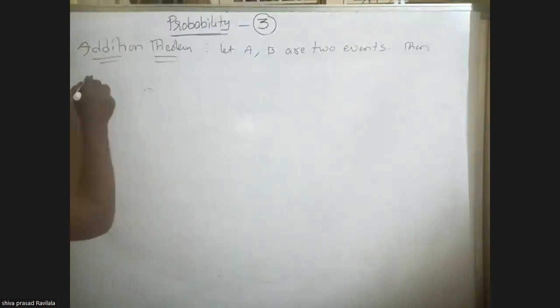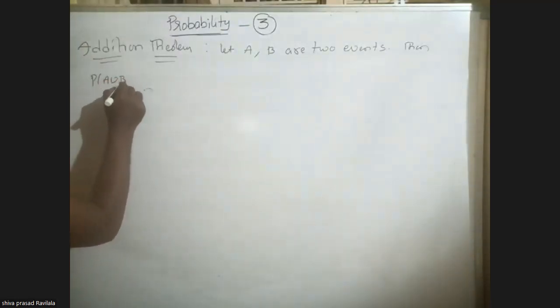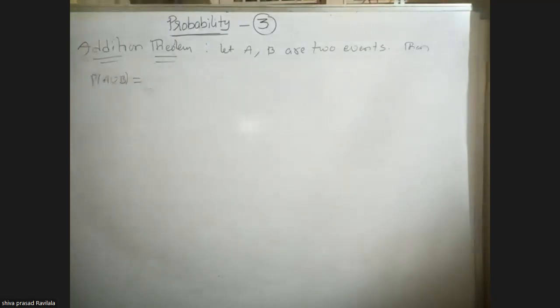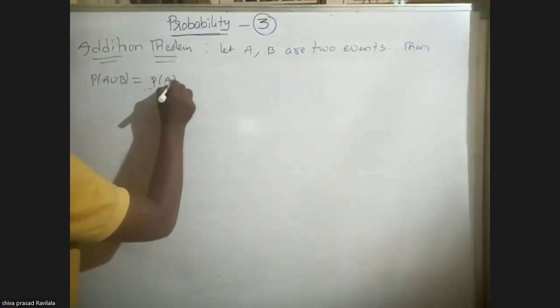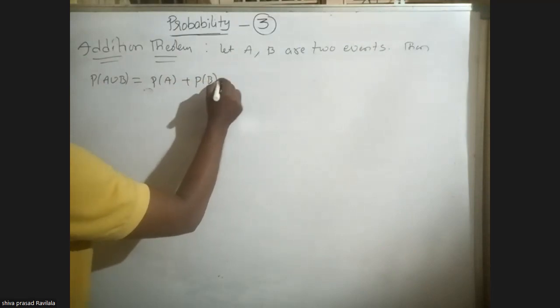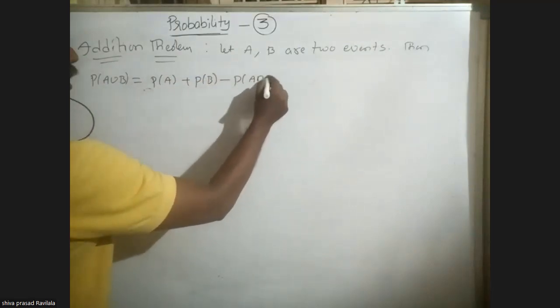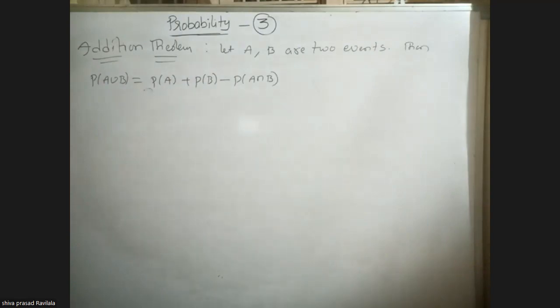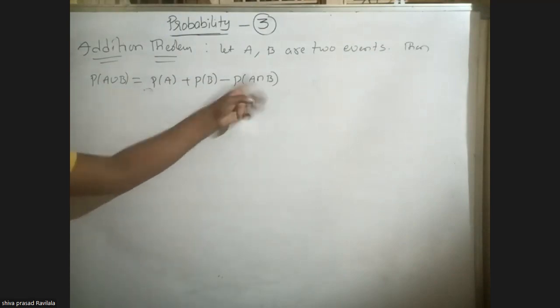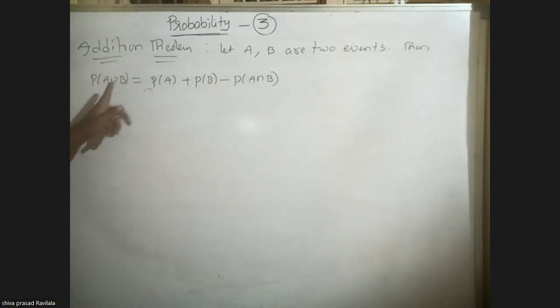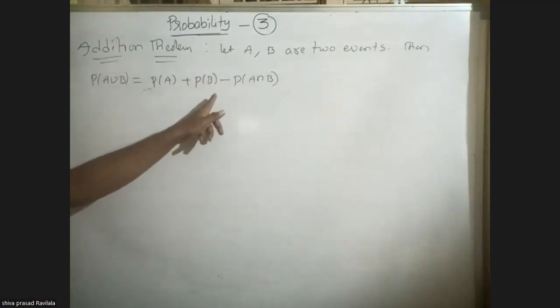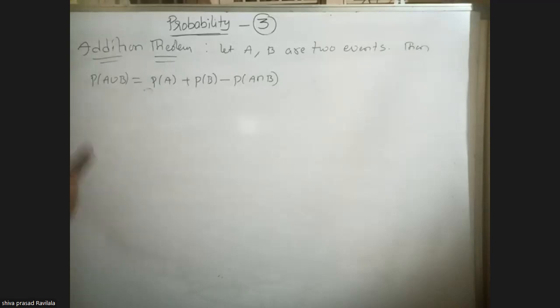Then the probability of A union B is equal to the probability of A plus the probability of B minus the probability of A intersection B. If A intersection B is equal to phi, that means A, B are mutually exclusive. There is no common element, so at that time this term is equal to 0. Very simple.